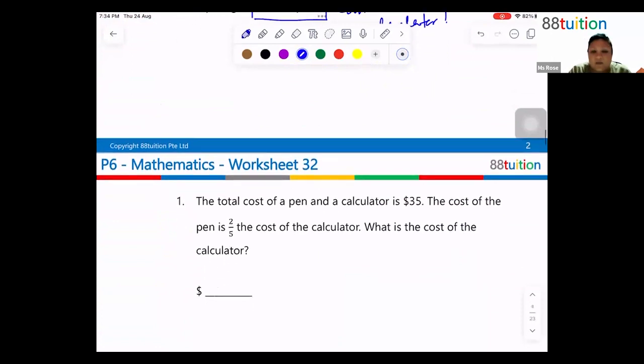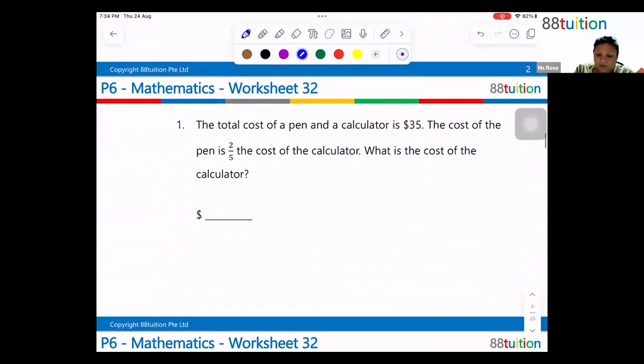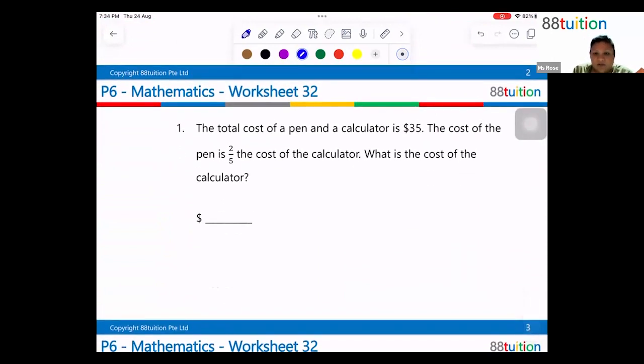Okay, so let's take a look at question number 1. Some of you got this wrong. What happened here is this. We talk about a pen and calculator that cost $35.